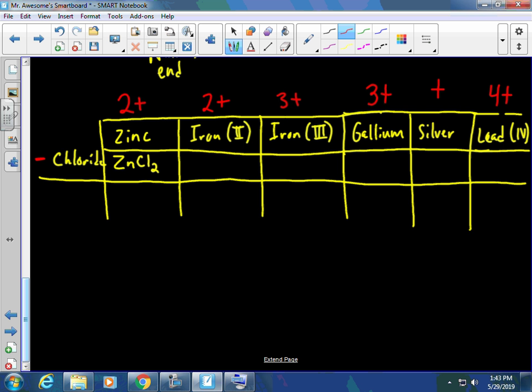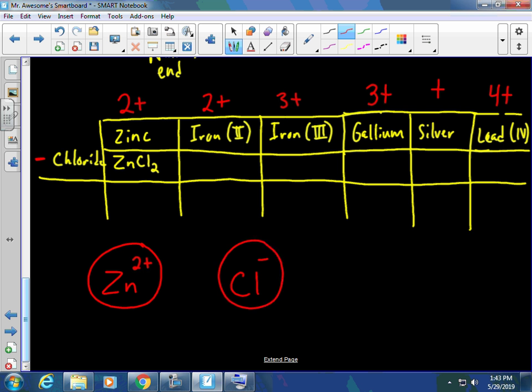It's zinc chloride, ZnCl2. But why is it ZnCl2? Well, here's how we can picture it. Zinc, we know, has a 2+ charge. So we have this zinc ion here. And then the chloride will make a -1 charge.